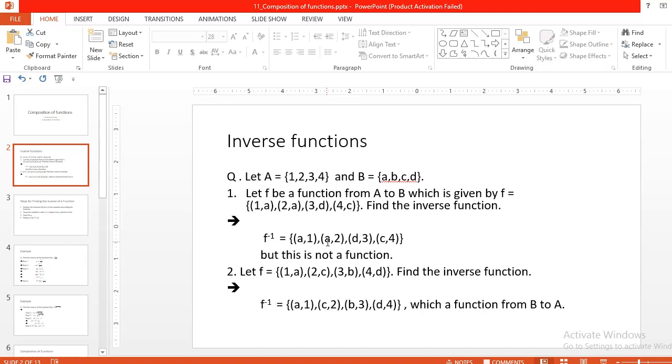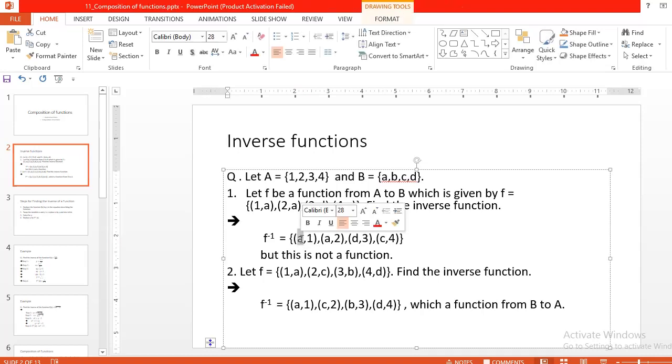So here, in this inverse function the domain is a, a, d and c, and the codomain is 1, 2, 3 and 4. So this is not a function. Why?